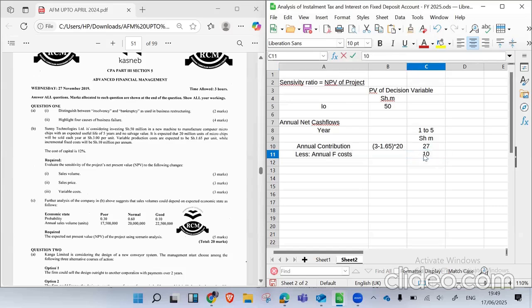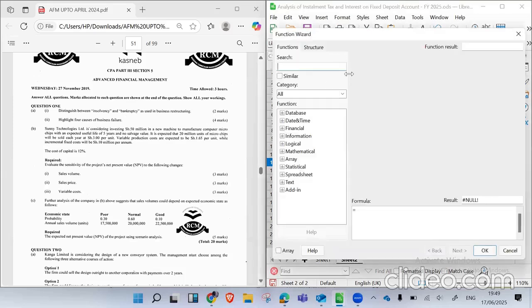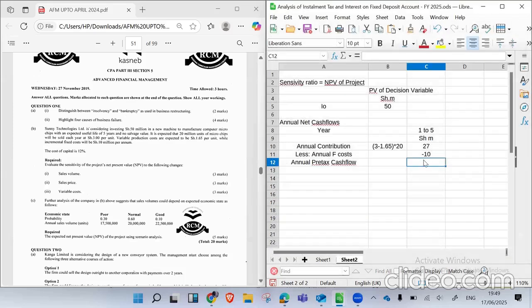So you have 10 million kila mwaka. That gives us our annual pre-tax cash flows, which is 27 minus 10, which is simply 17.